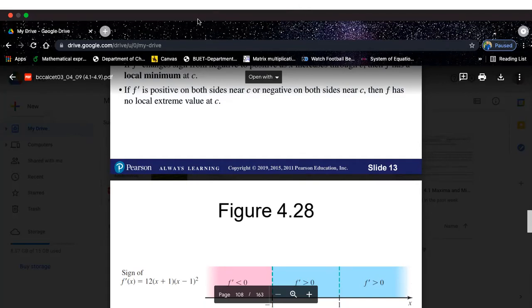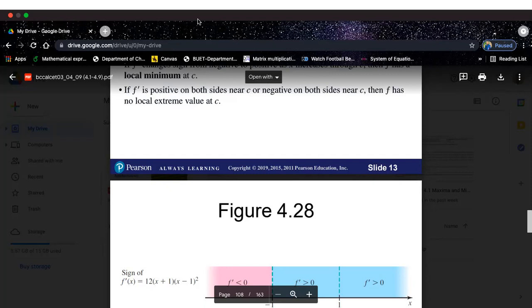So let us quickly go back to the definition of critical point. If a function is given, how to find the critical points algebraically? What should you do? Forget about this slide.